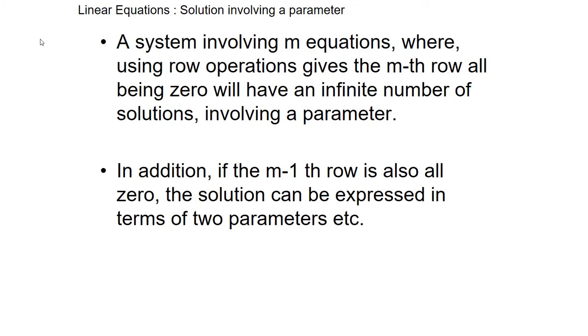So if you're attempting to solve a system of m equations in m variables, and you end up with the mth row all being 0, then you will be able to express your solutions, an infinite number of solutions, in terms of a parameter. If the second last row is also 0, you will be able to use 2 parameters.